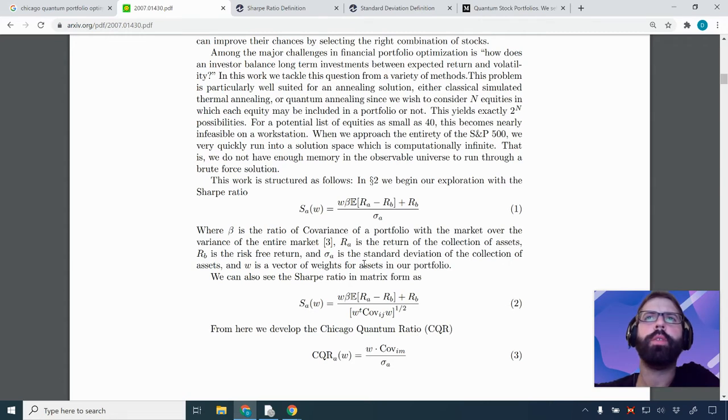R_A is the return of the collection of assets. R_B is the risk-free return. And the, is it lambda? No, it's not lambda, it's theta, whatever, is the standard deviation of the collection of assets. W is the vector of weights for assets in our portfolio.